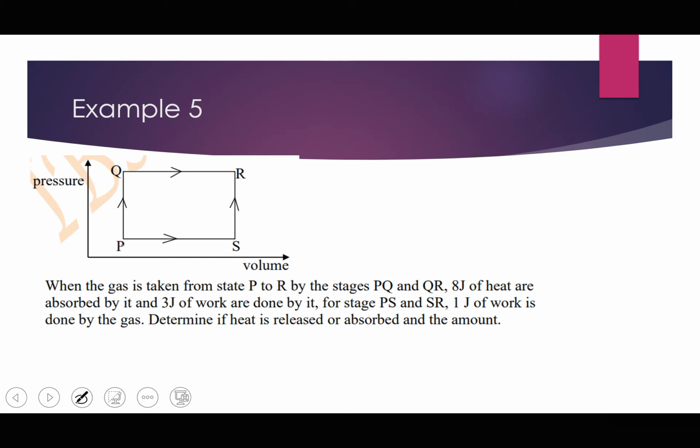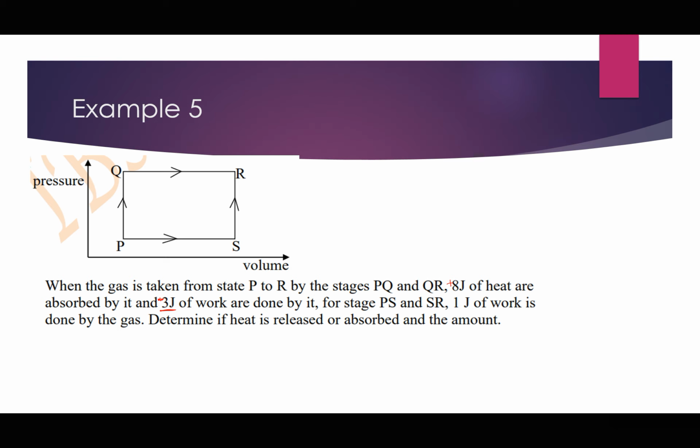So when we follow PQ, QR, 8 joules are absorbed. So this is positive because it is absorbed, added to the system. And 3 joules of work are done by the system, so this will be negative.